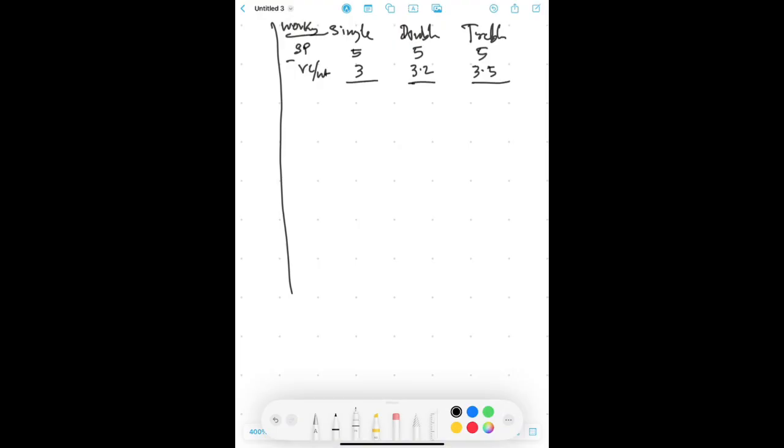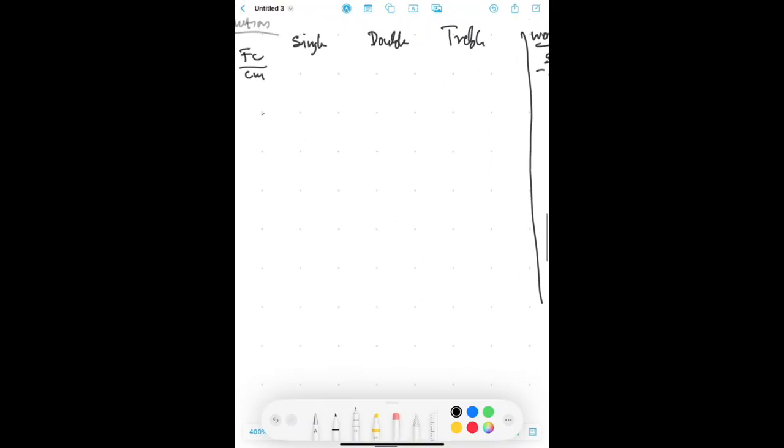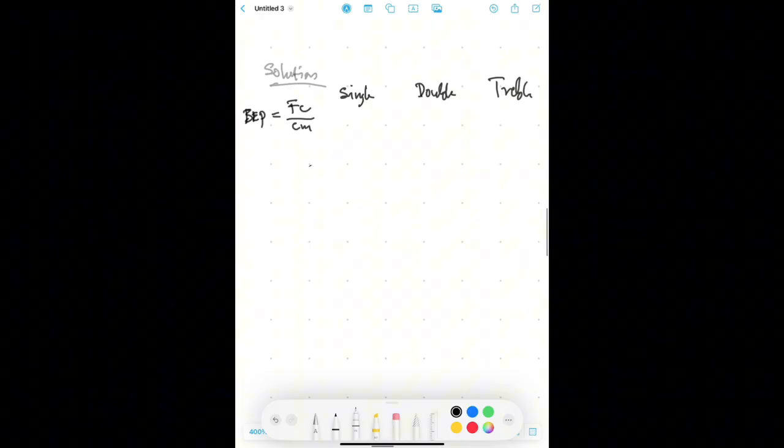So the difference gives us our contribution margin: 2, 1.8, 1.5. Fixed cost in the question is already given, so this is your break-even formula: fixed cost divided by contribution margin.